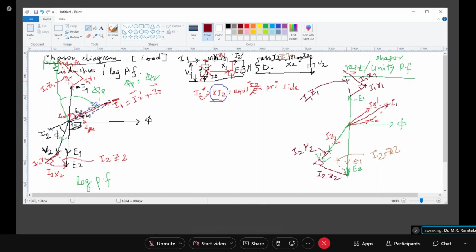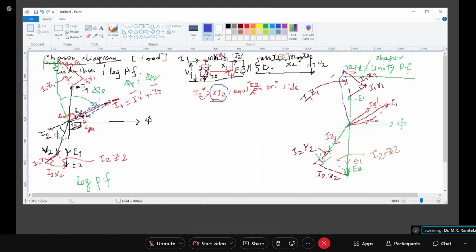It is this one. Now when I add this I1 Z1 to minus E1, I get V1.